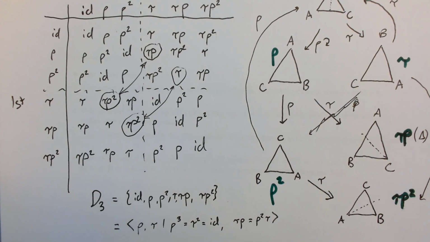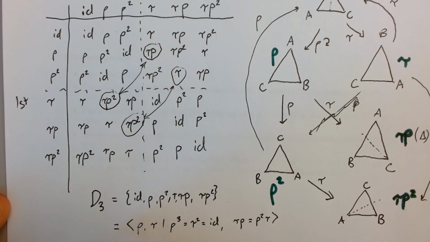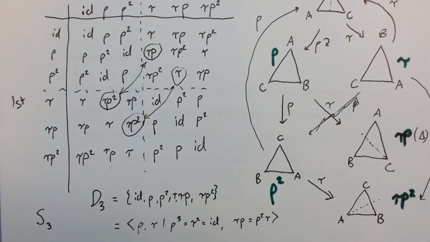So those are the defining properties, which tell you how they interact with each other. If you make any combination of taus and rhos, you should be able to simplify them down to one of these 6. This is also called S3, as it turns out. It's equivalent to, or isomorphic to, all the permutations of 3 numbers, or 3 objects.